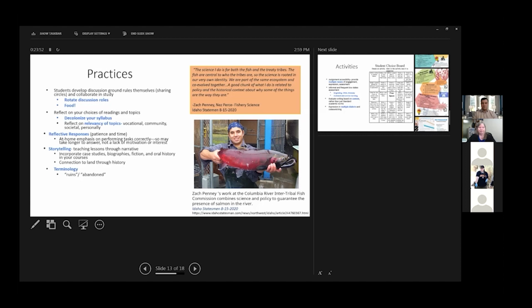And reflective responses. Typically at home, a lot of Indigenous students are taught or emphasized that you have to perform these tasks correctly or make a really good attempt the first time. So you have to give students time to think about what their answers are going to be.